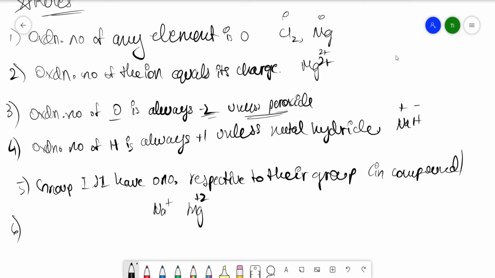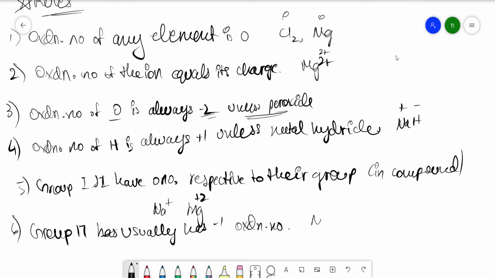And the last rule is that group 17, which is the group 7 halogens, usually has -1 oxidation number. So in MgCl2, the oxidation number of Cl is -1.